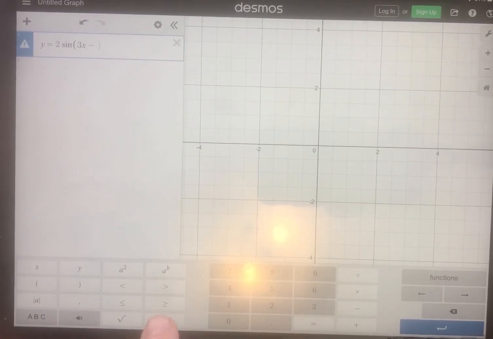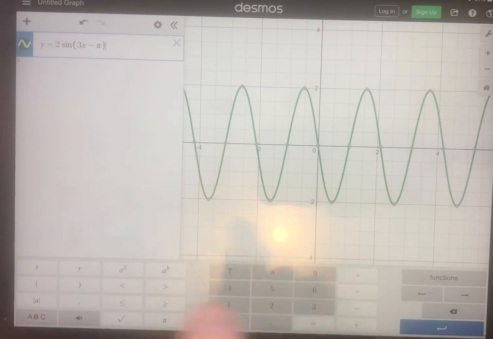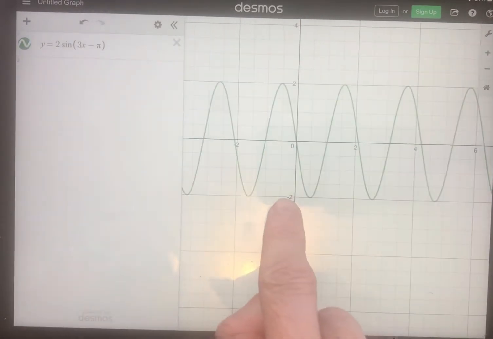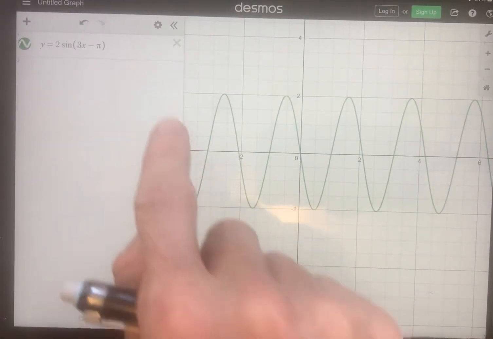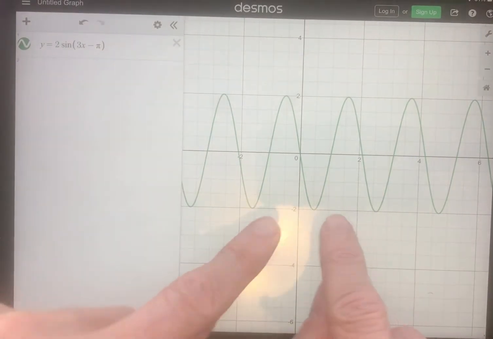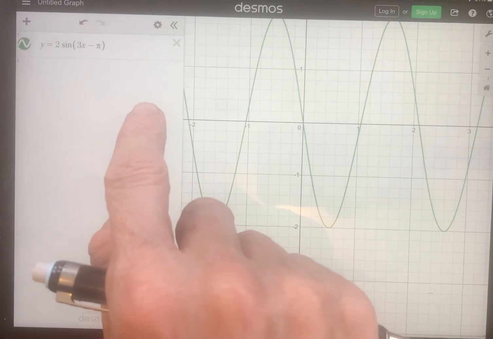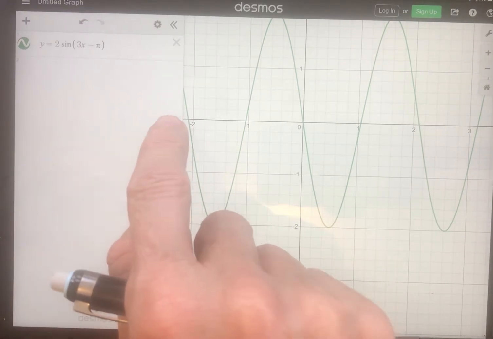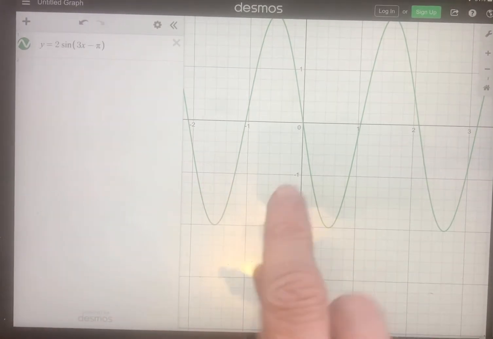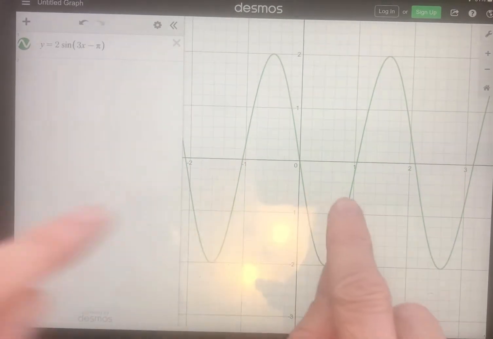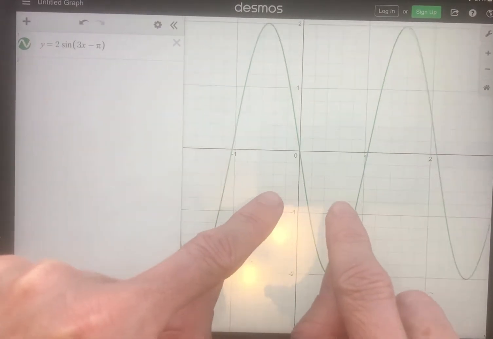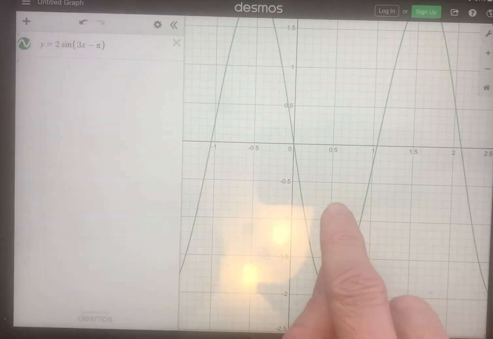There's the pi key at the bottom there. I'll close the parentheses, and here it is. Something's not working quite right. I made a mistake: y equals 2 times 3x minus pi. Where did I goof up? Because this goes right through 0.